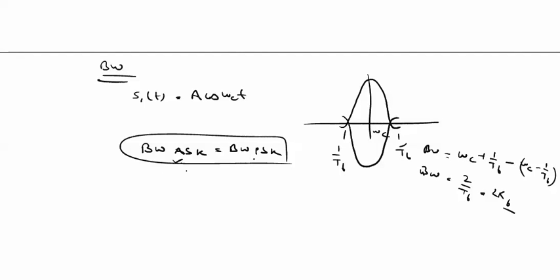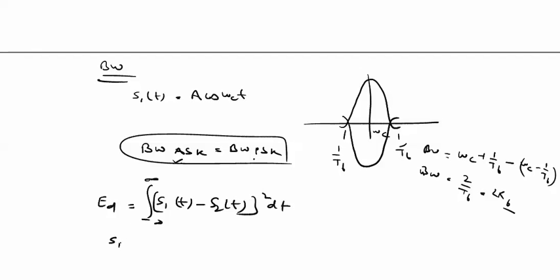Now we want to calculate the probability of error. For probability of error we have to calculate from this formula, the integration of the square of S1(t) minus S2(t) dt.